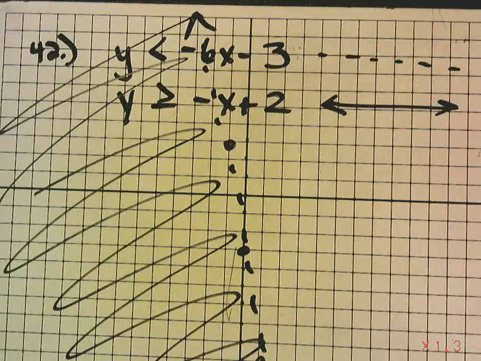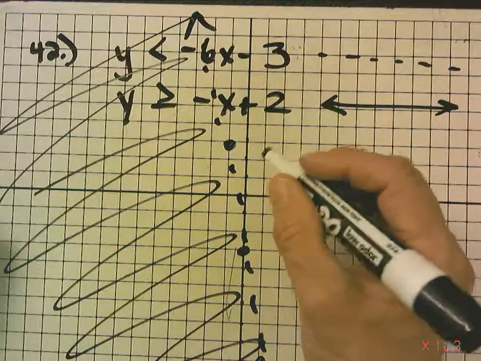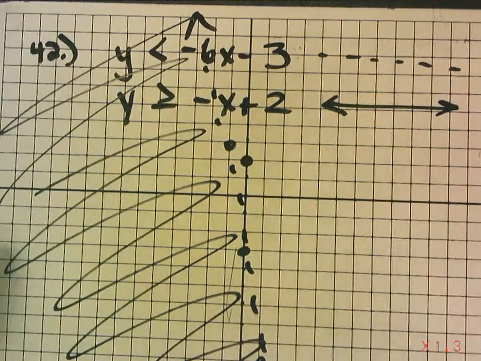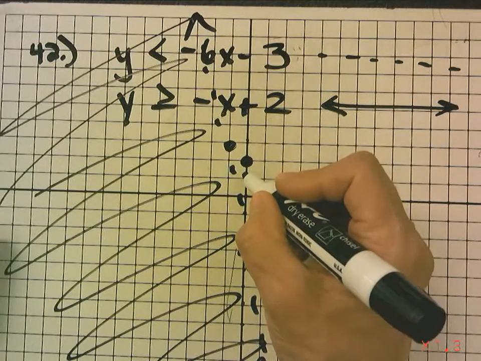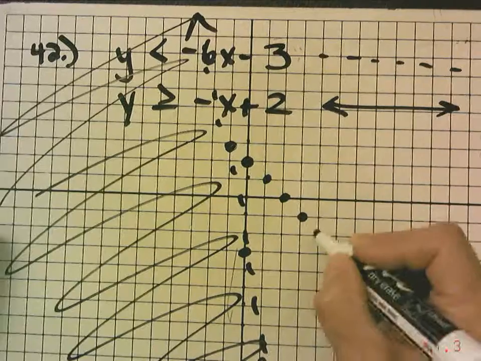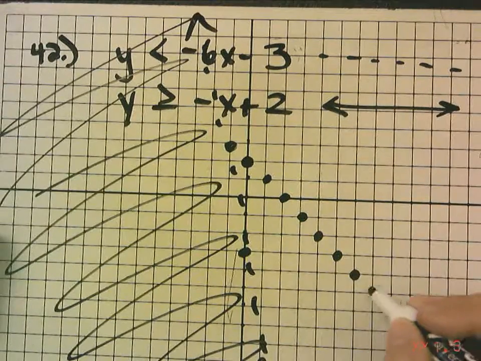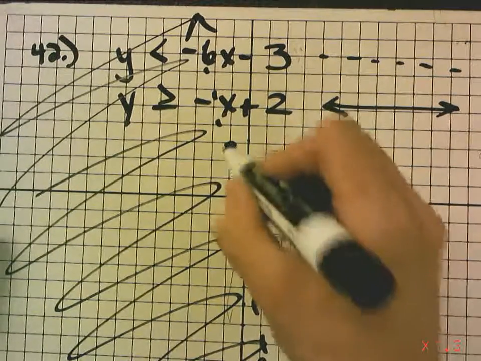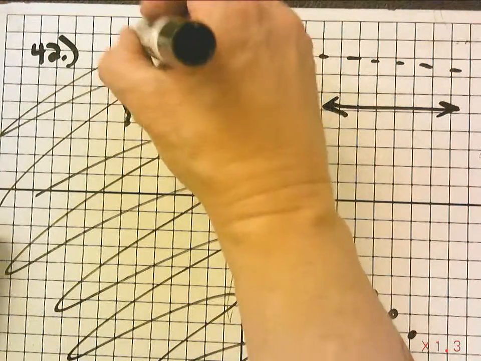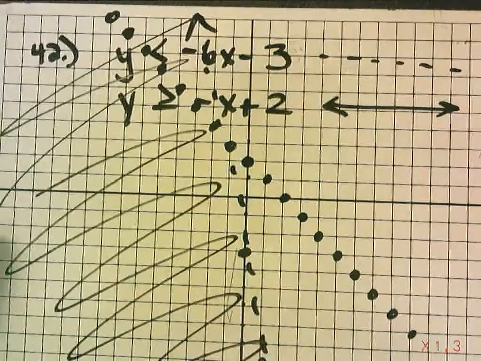So that's correct. Now y is greater than or equal to negative x plus 2. So I have a y-intercept of 2, and now I go down 1 to the right 1, down 1 to the right 1. Okay, and this is my other line.